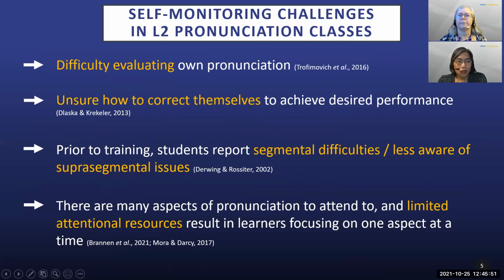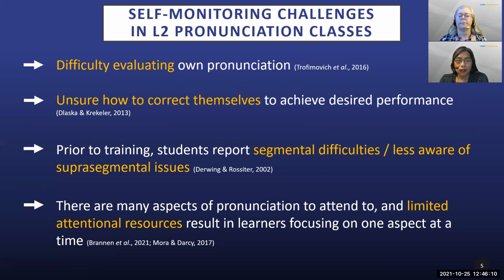So how does self-monitoring apply to L2 pronunciation? Research shows that students have trouble evaluating their own pronunciation. In fact, research by Derwing and Rossiter shows that prior to pronunciation training, learners tend to report segmental difficulties and are less aware of their suprasegmental errors.